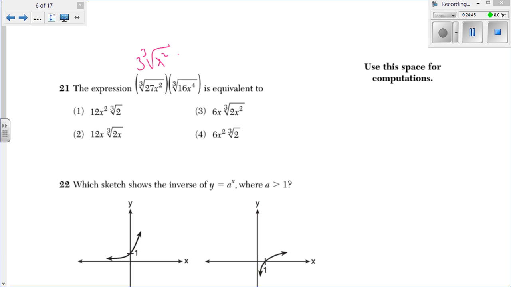16 is not a perfect cube, but you can take 8 out, which is a perfect cube, so it's 2 cube root.